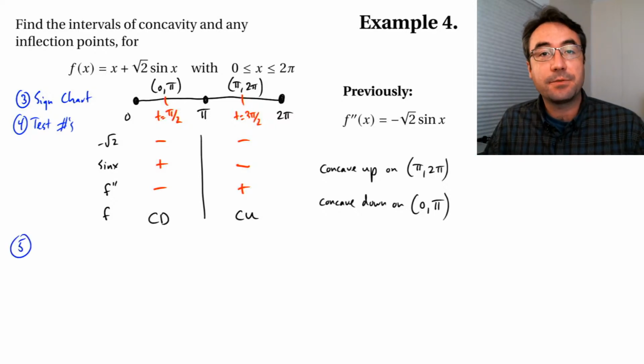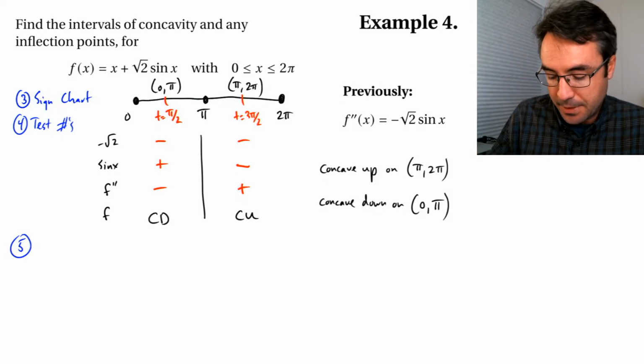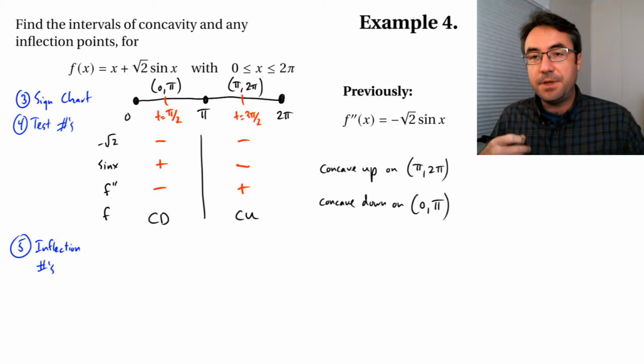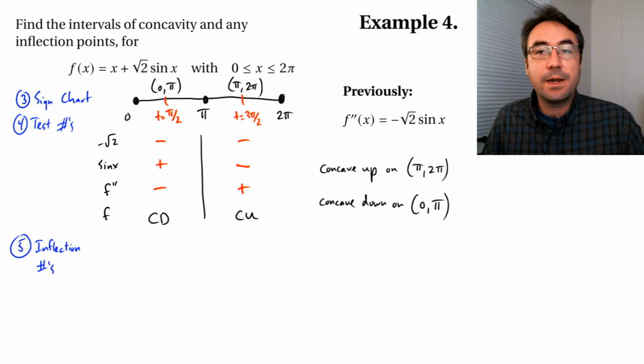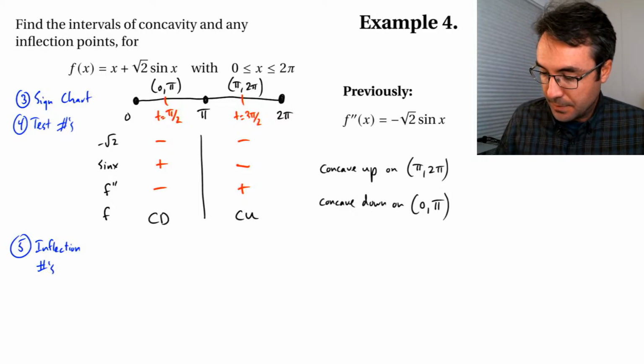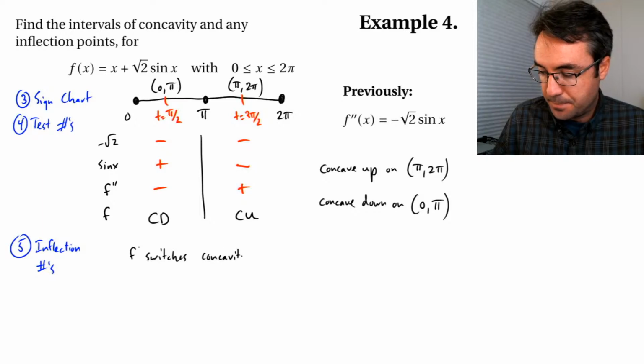If we're trying to figure out the inflection points as well, we want to identify the inflection numbers. And so these are the places in our domain where we switch concavity. And what we're seeing here is that f switches concavity at x equals pi.